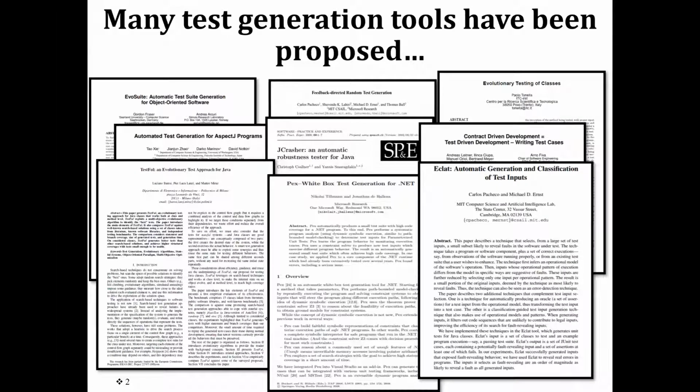Over the last few decades, researchers have made many advancements to solve the unit test generation problem, and many unit test generation tools have been proposed and examined, and are very useful to generate test cases.